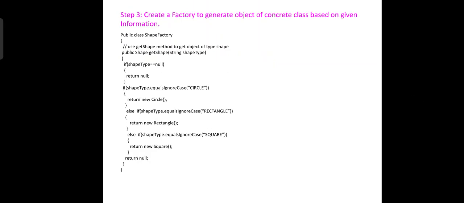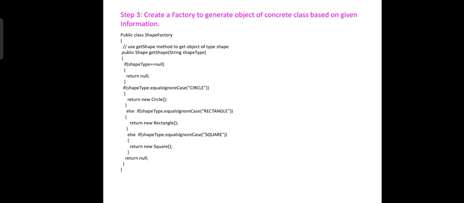In step 3 we create a factory to generate objects for the above concrete classes based on the given information. So the ShapeFactory class is created, and we use the getShape method to get an object of type Shape. So public Shape getShape, and in that we pass a parameter, String shapeType.